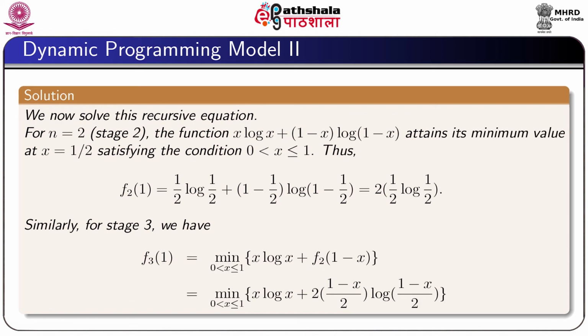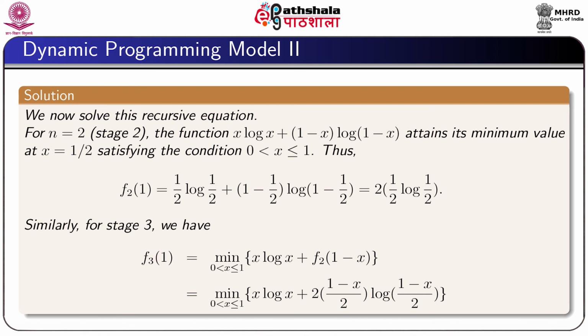Now, we have to solve the recursive equation. We will start with n equal to 2. The function x log x plus (1 minus x) log (1 minus x) attains its minimum value at x equal to half, which also satisfies the condition 0 less than x less than or equal to 1.